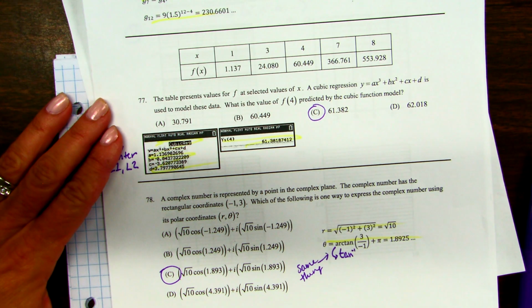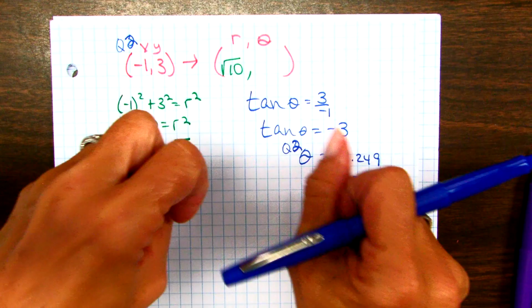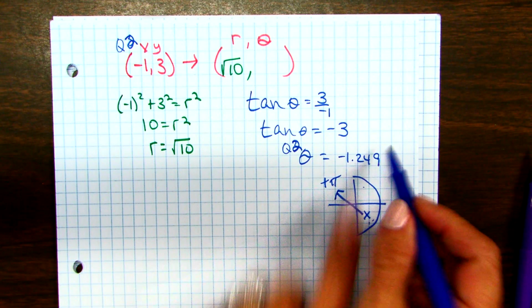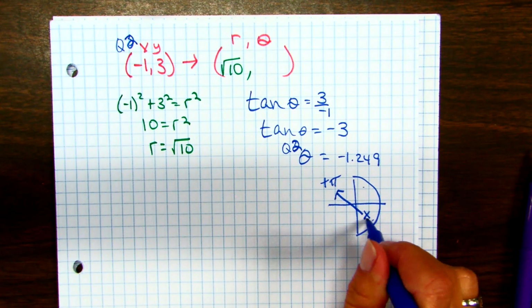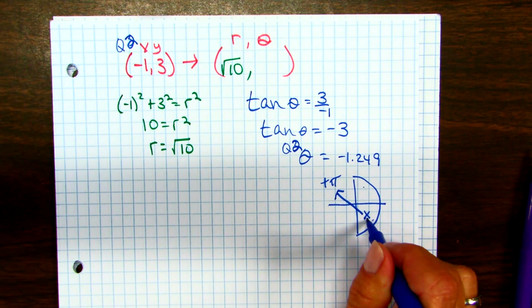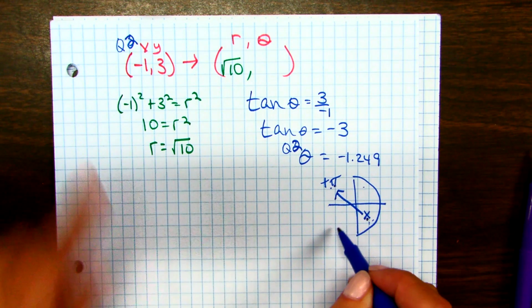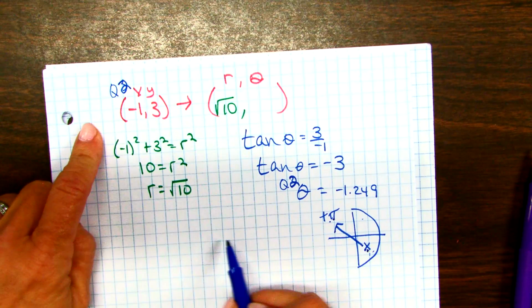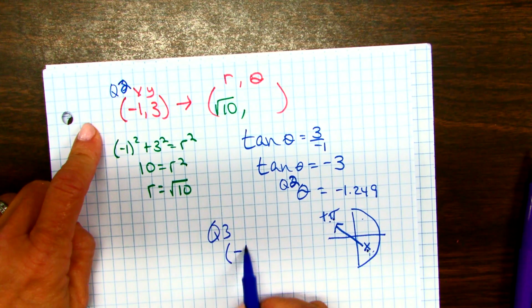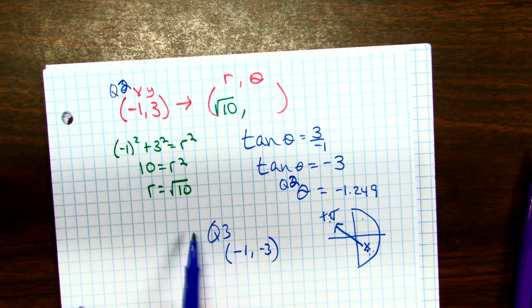Say it one more time. Yeah, so if you do tan in your calculator and you have a negative answer, you're automatically here. The only other place tan is negative is here, so it makes sense to add pi. Pretend that we were actually in quadrant 3 for our rectangular point.